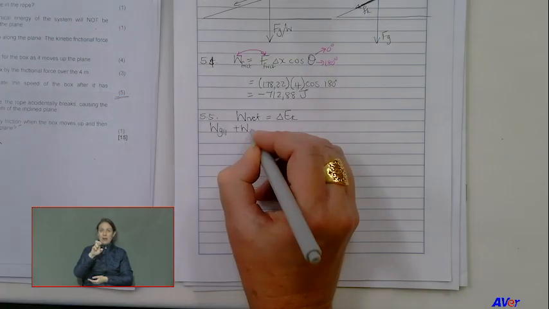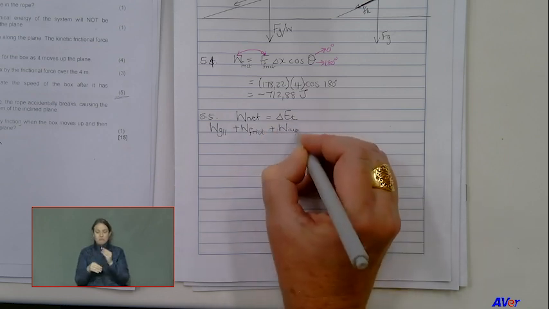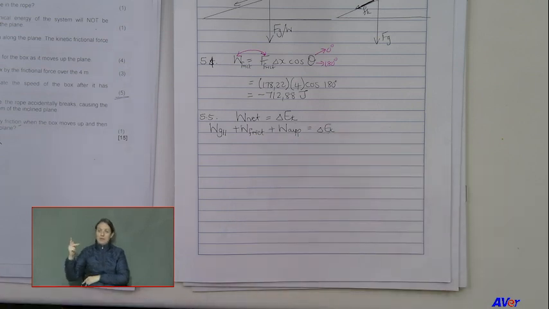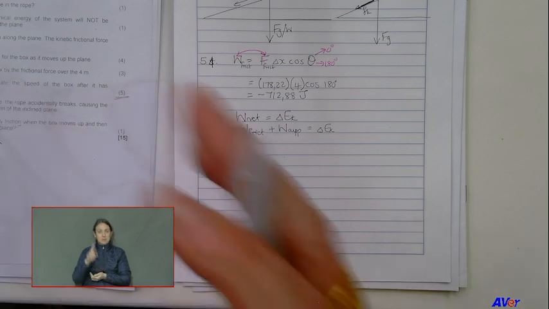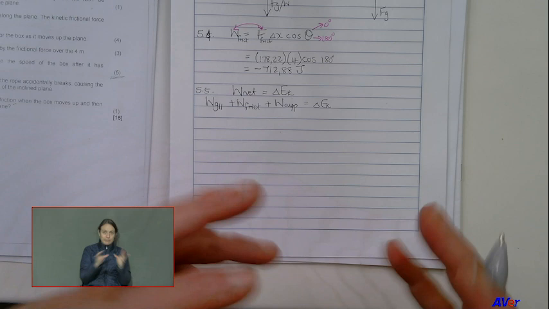Now what I do, I don't put in F net delta X cos theta because I'm not allowed to calculate F net by using Newton. So I'm going to do it differently and say WG parallel plus W friction plus W applied equals delta EK. So I'm taking the sum of all the work done, each one separately.